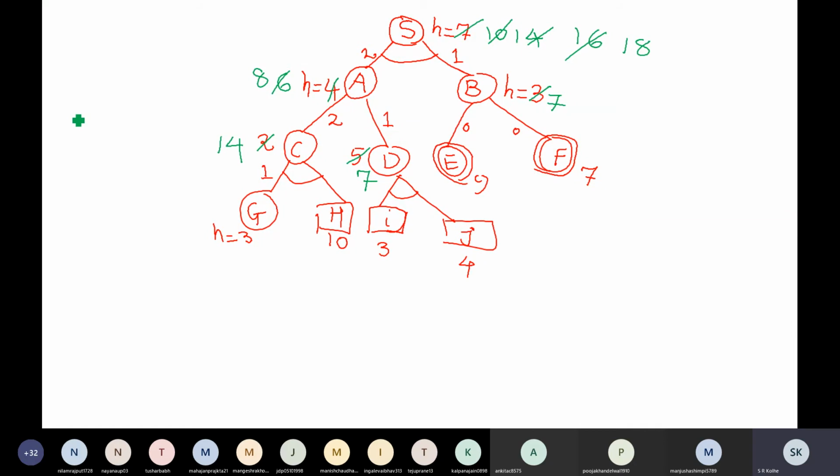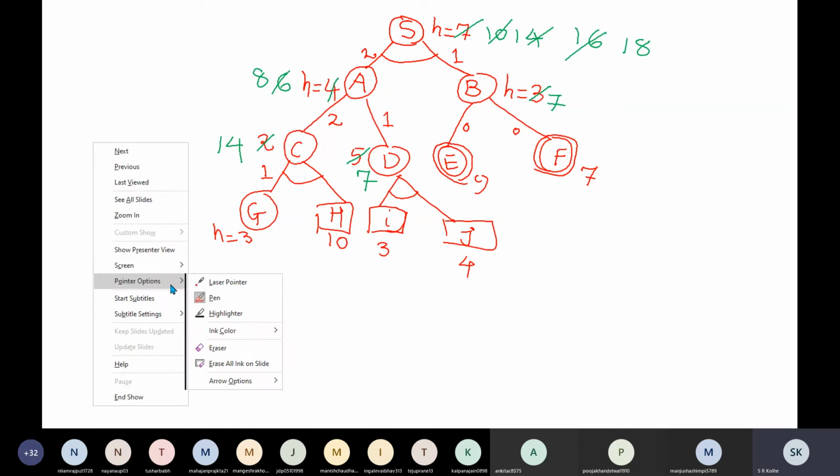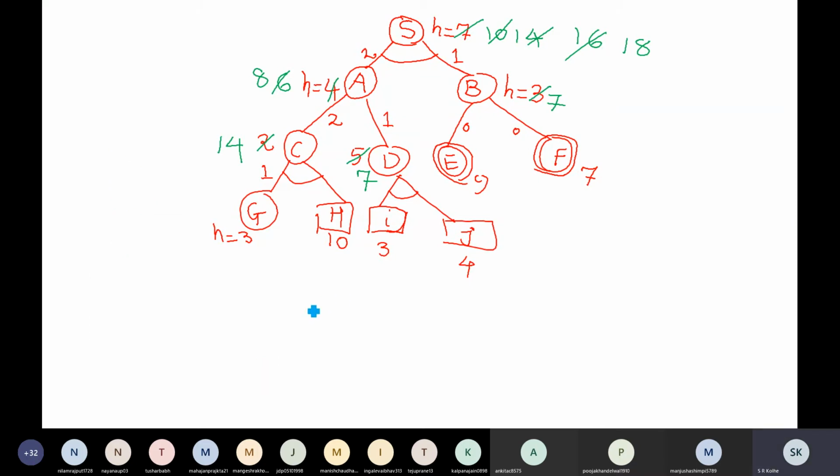How labeling will take place now? G is unsolved. Why are you going to G node? Why is it unsolved?